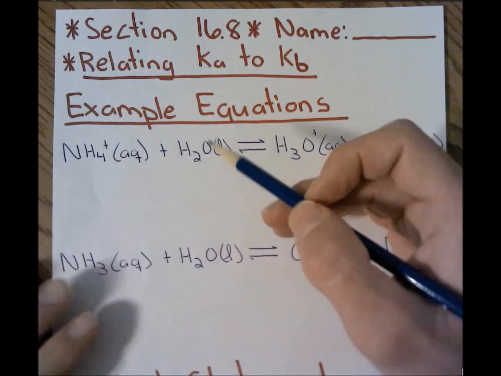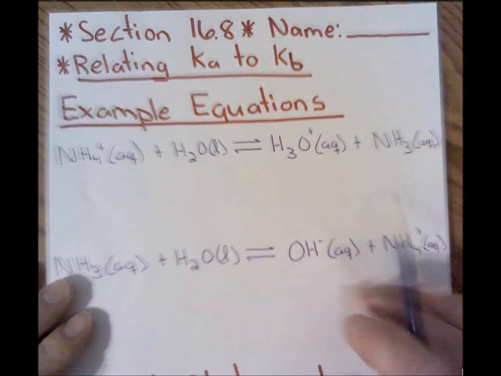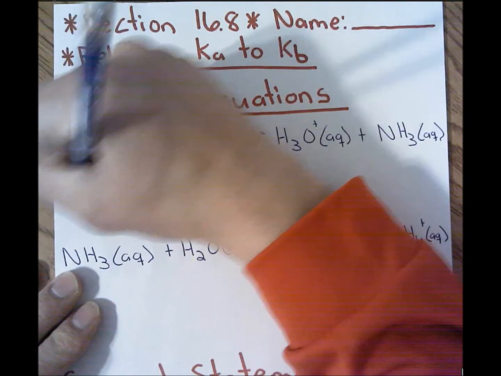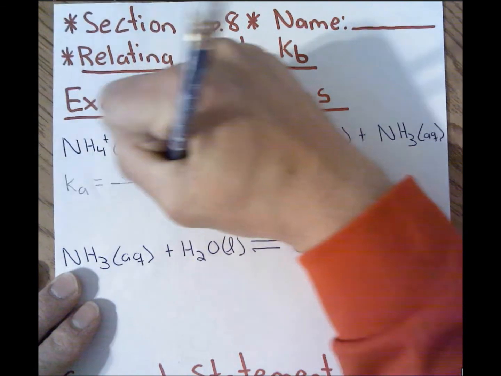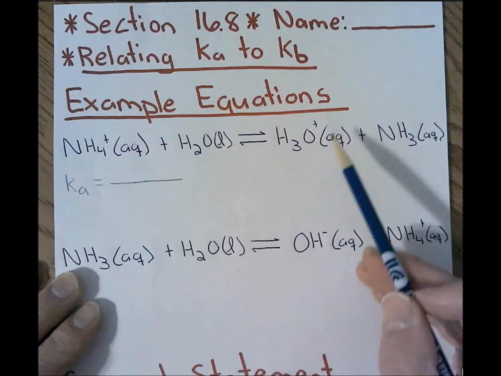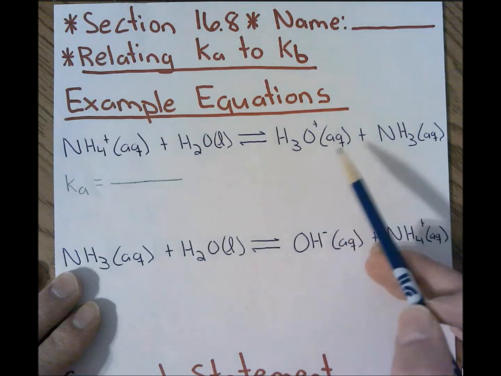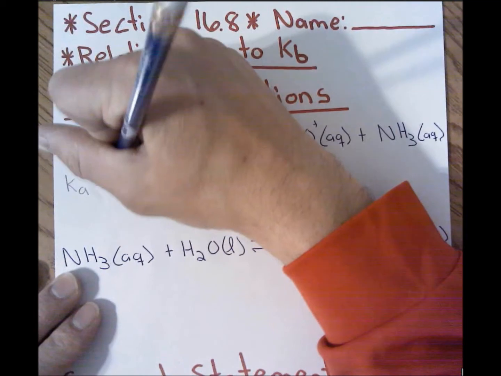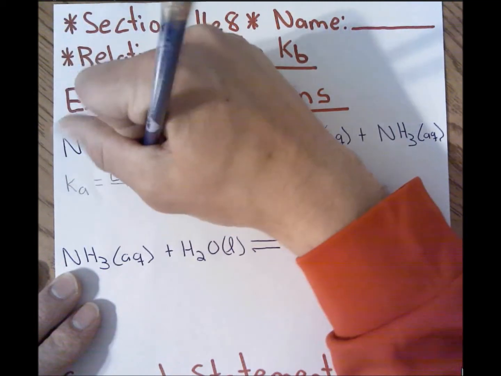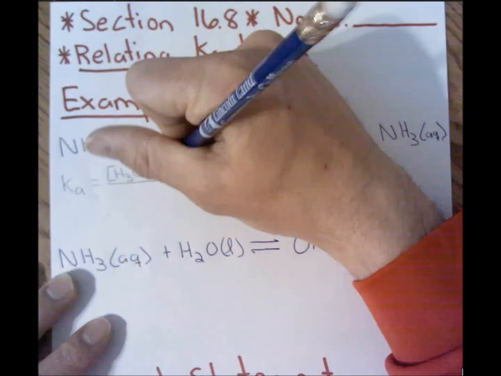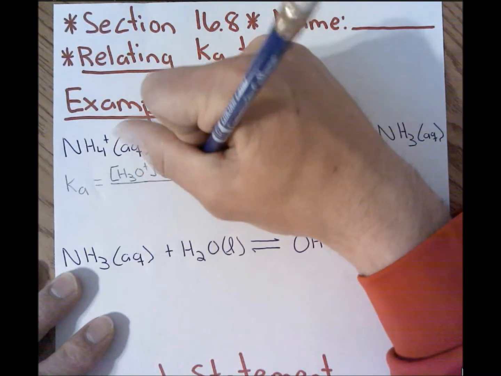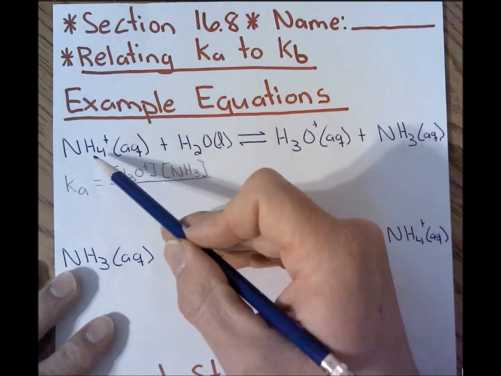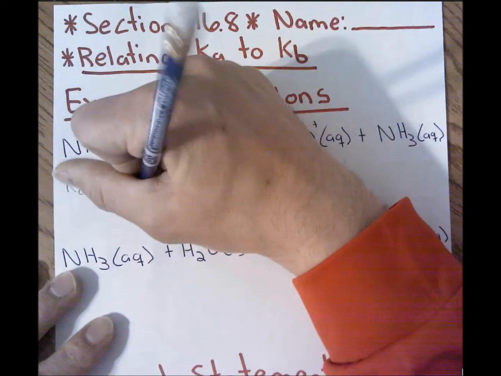Because this is a weak acid, we can write the equilibrium constant expression to be our Ka, which is equal to the concentration of our products, H3O+ times the concentration of NH3, all divided by the aqueous NH4+.